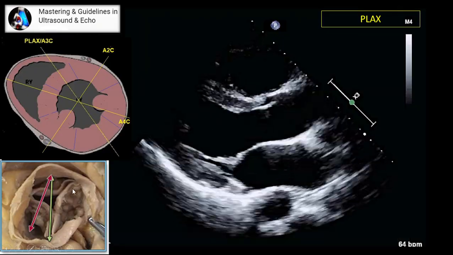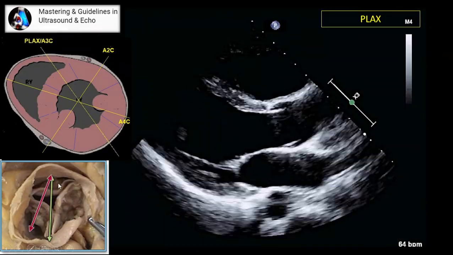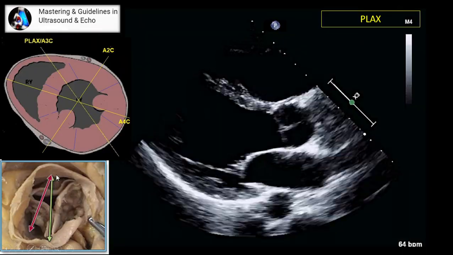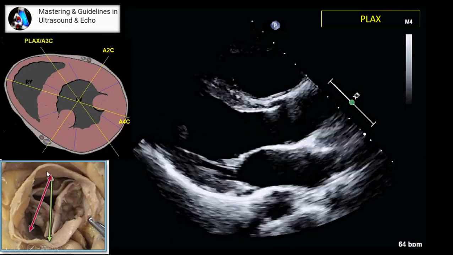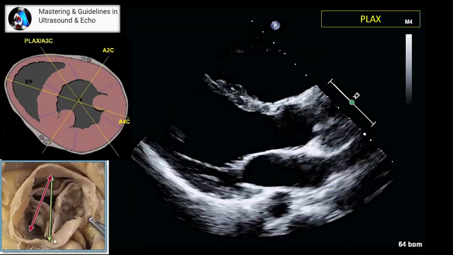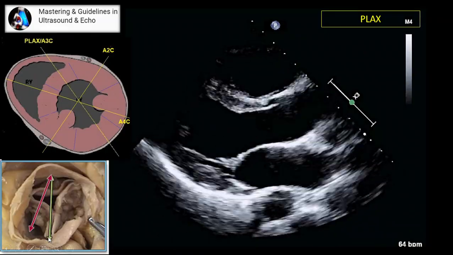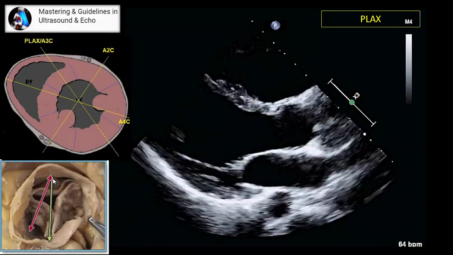If you look at this real image of the aortic valve on PLAX, our plane of sound, the ultrasound wave, passes through this yellow line, marked by the arrowhead.